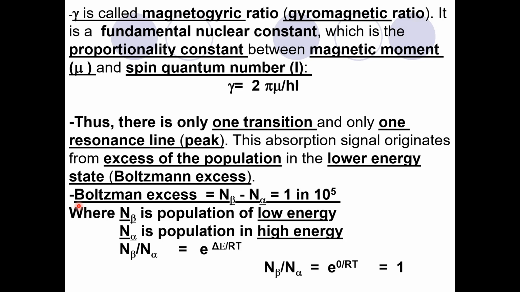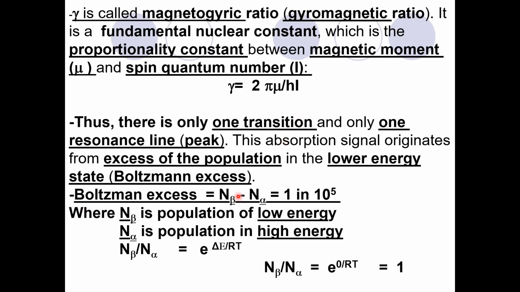Since there are two orientations, high energy and low energy orientation or spin state, in order to observe an NMR signal there will be a slight excess in the low energy condition, called Boltzmann excess.